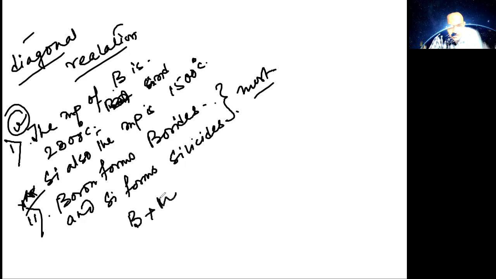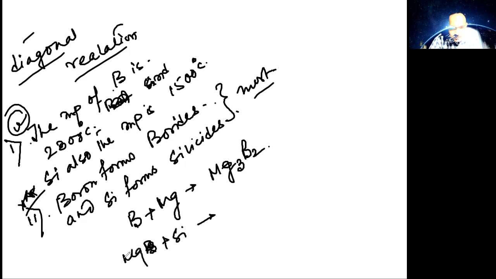Boron plus Mg will produce Mg3B2. Silicon plus magnesium will produce Mg2Si. So this is known as magnesium silicide, and this is known as magnesium boride.